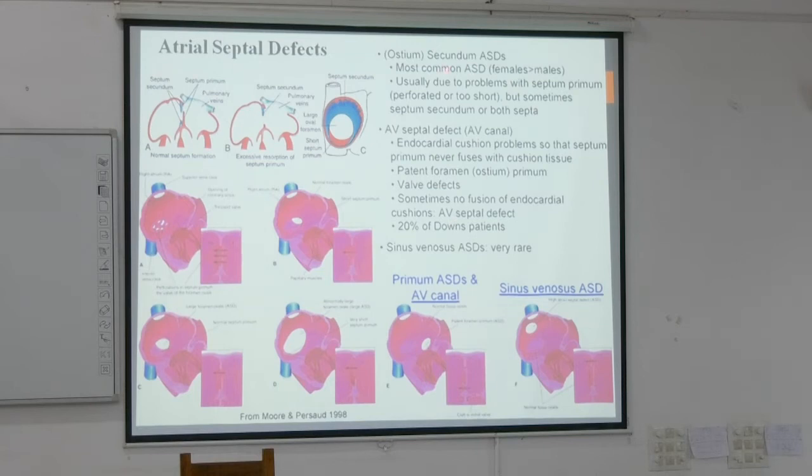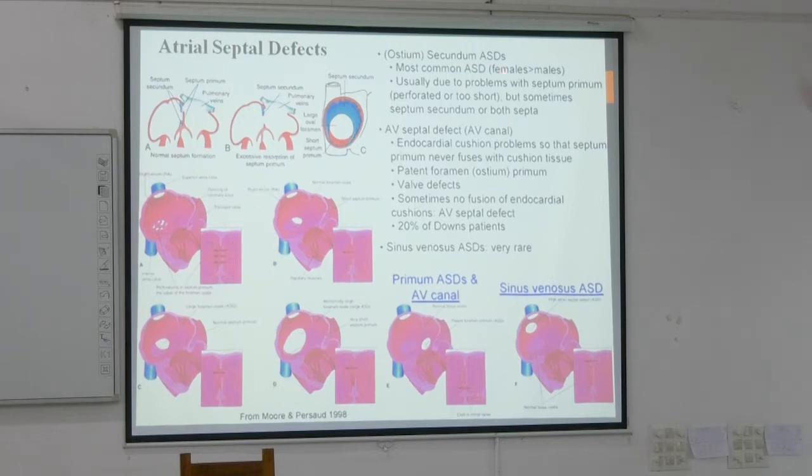We call them ostium secundum ASD, where the formation of the septum primum is deficient, or it is porous, or perforated, or not only the septum primum, maybe the septum secundum, which forms second here, maybe that too is deficiently formed. So, the septum primum or septum secundum is deficiently formed, leading to a hole over here, which is the commonest variety of the ASD.